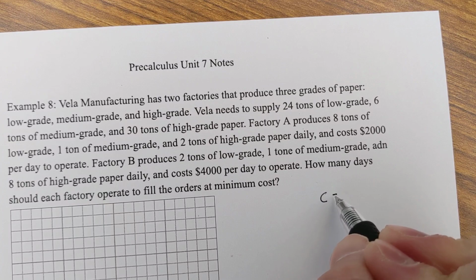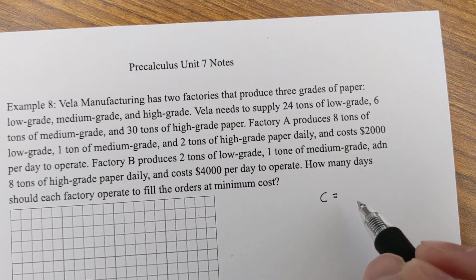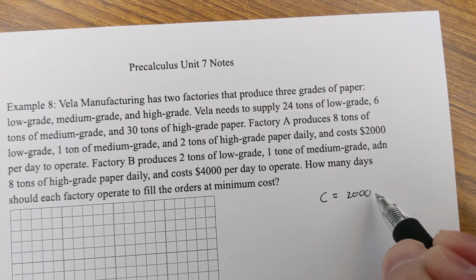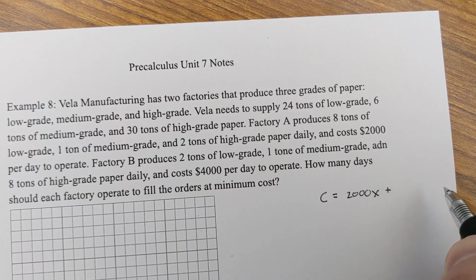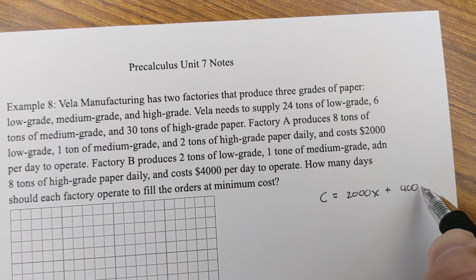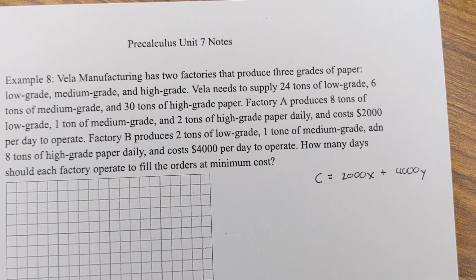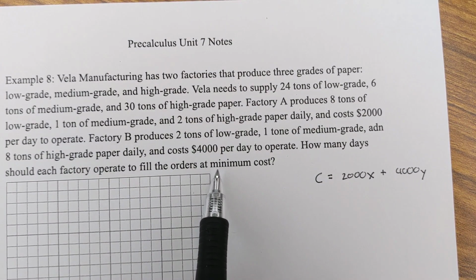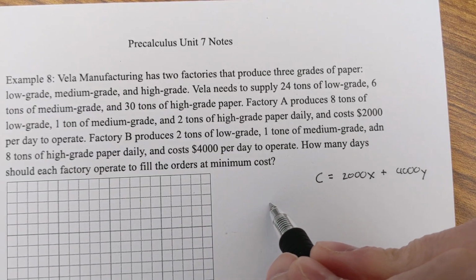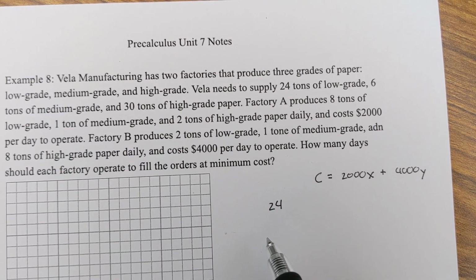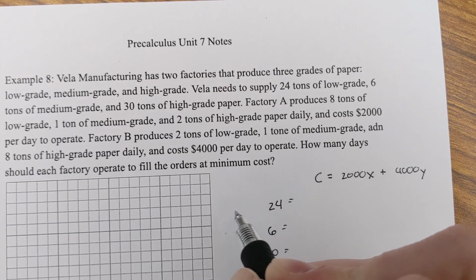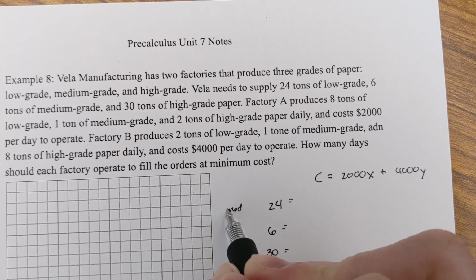So my cost function is going to be given by 2,000 for factory A plus 4,000 for factory B. I need to produce, so low grade has to be 24, medium grade is 6, 30 is high.